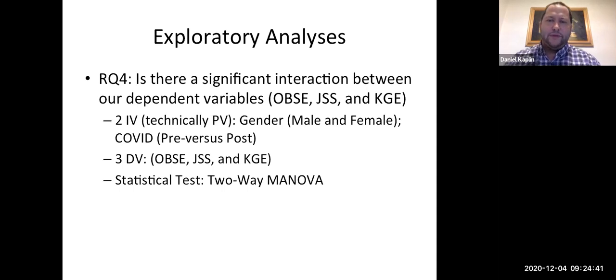So she was able to explore whether there was an interaction between gender, COVID, pre versus post, and all of her 3 metrics. And then she had the statistical test and what she found.